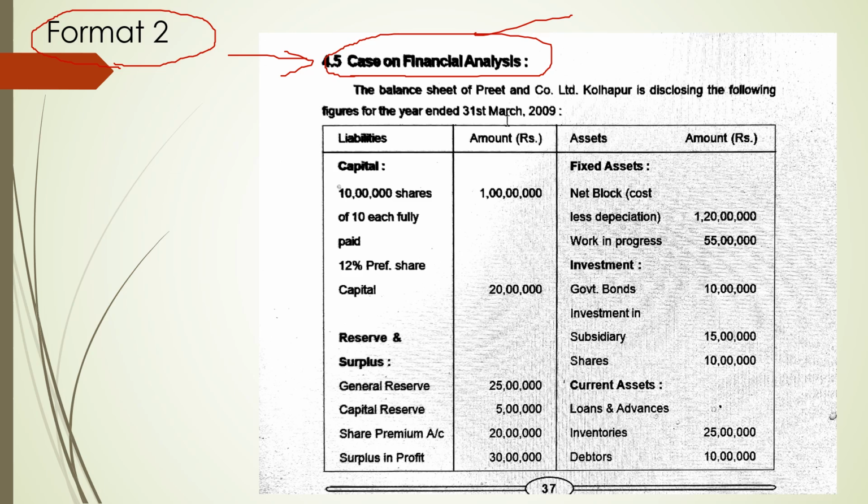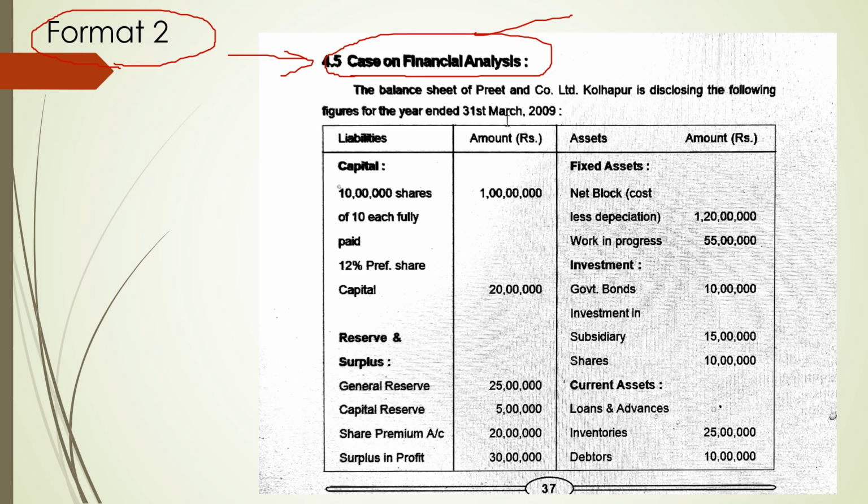Now you know it very well as you are finance specialist students. You know better than me that a balance sheet has two columns, assets and liabilities. So assets and liabilities are given here, and other information is also mentioned.